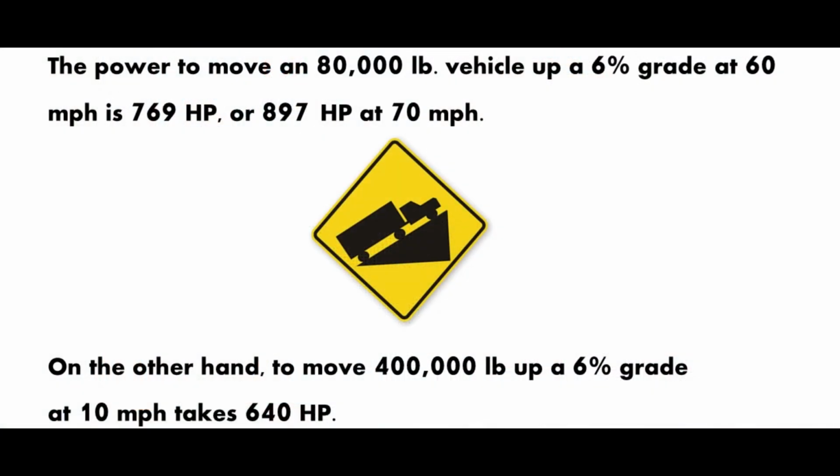The power to move an 80,000 pound vehicle up a 6% grade, in other words, from Breckenridge up to the Eisenhower at 60 miles an hour is 769 horsepower. But for the guy to say, well, I can do it at 70, that would require 897 horsepower.